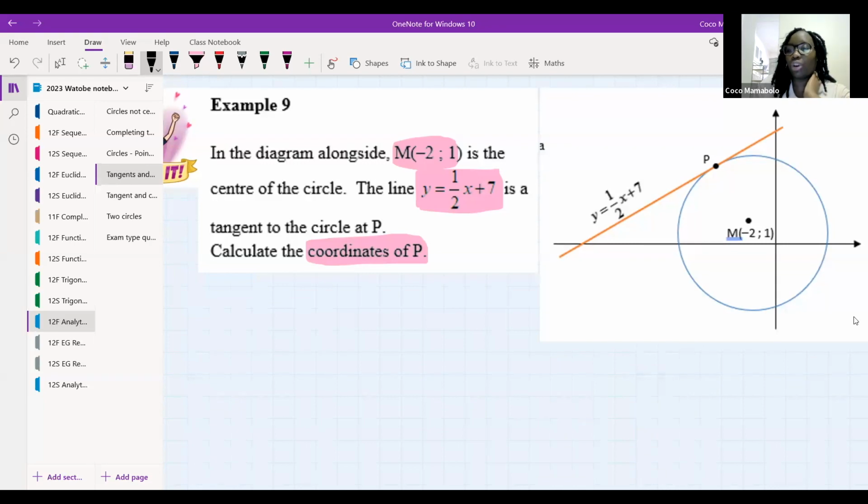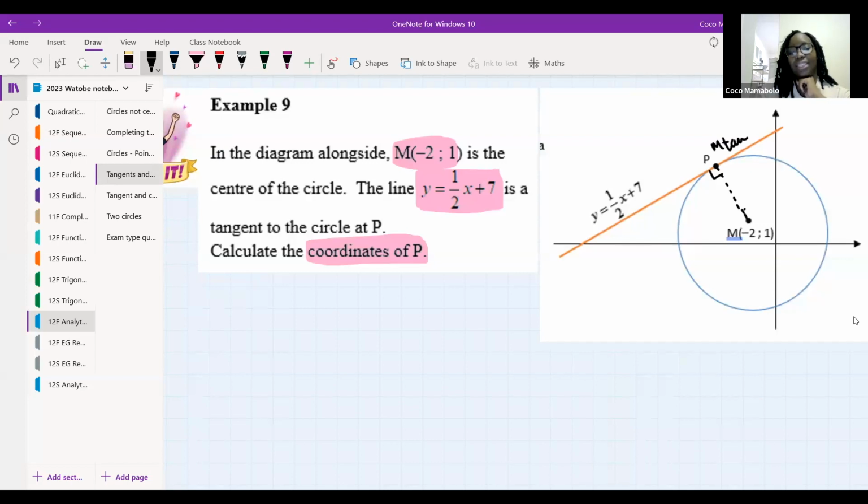Now if I draw a line from P to M, I know that this is actually a 90-degree angle, right? So now this time they've given me the gradient of my tangent. What else can I find, guys? If I've got the gradient of my tangent, which other gradient am I able to find?